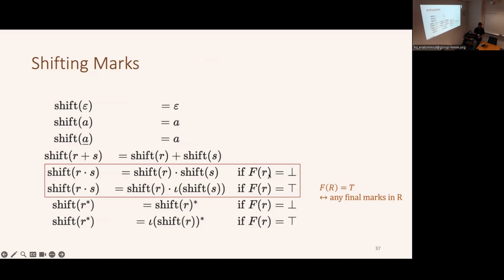So remember F from the previous slide. So if there are no final marks from R, we shift everything in R and then we shift everything in S. And there is no concern of any marks falling over.